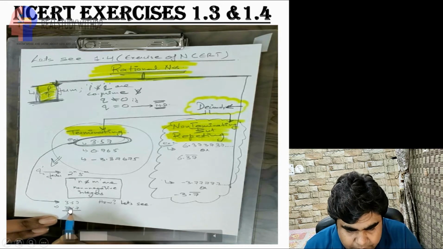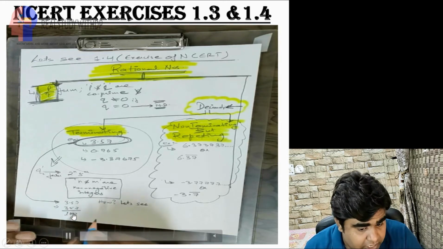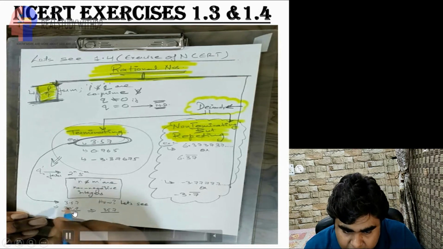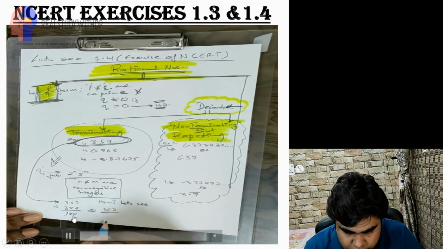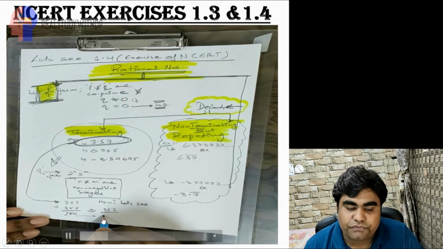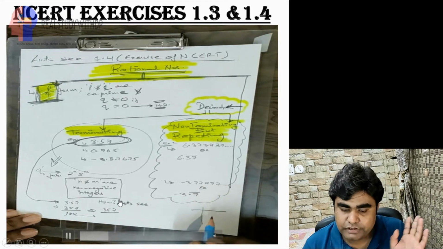We can write 3.57 like this: 357 over 100. Now this 357 is the P part and 100 is the Q part. According to this property, this Q, that means 100, will have the factors 2 and 5 only.